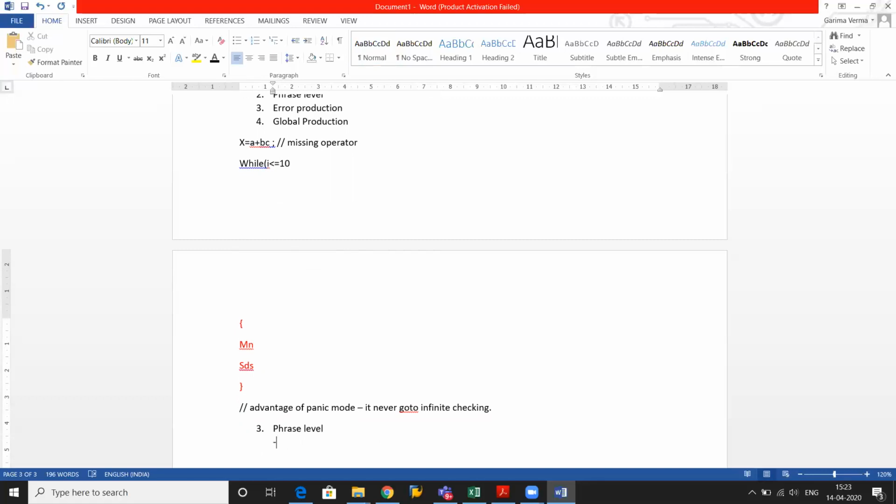When the parser encounters an error, it tries to take correction measures locally. It is like the auto correction in MS Word.